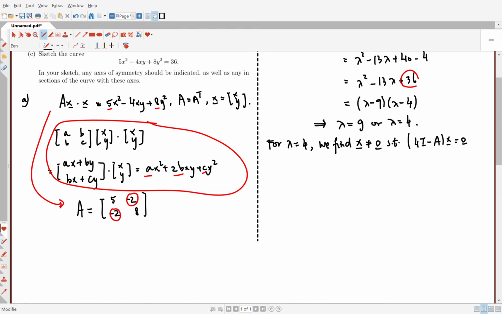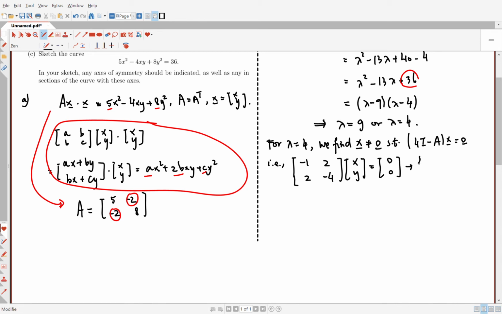In other words, minus 1, 2, 2, and 4 minus 8, it is minus 4, times x, y is equal to 0, 0.